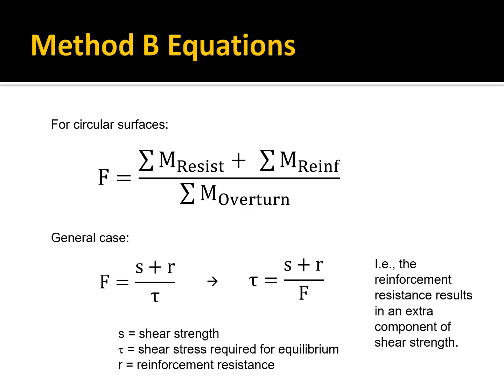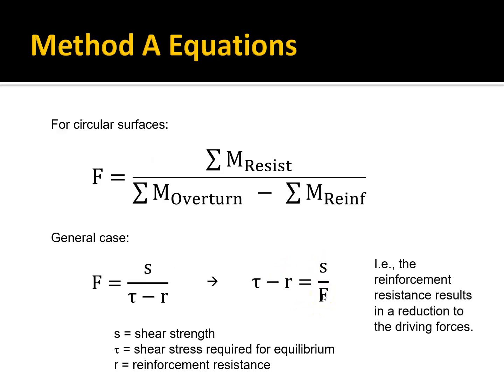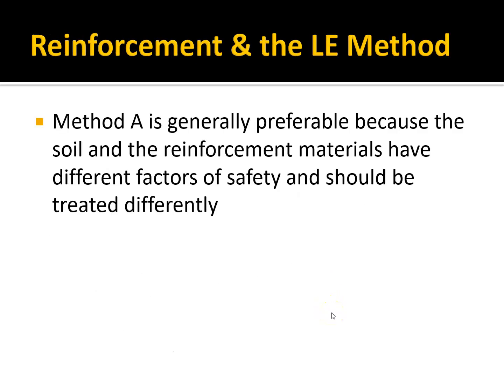In method B, the resisting force we use would be an ultimate force, because we then divide both the shear strength and the resisting force equally by a factor of safety, whereas with method A, we use the allowable force, and then the shear strength has its own factor of safety. So that's why the soil and reinforcement materials have different factors of safety and should be treated differently.